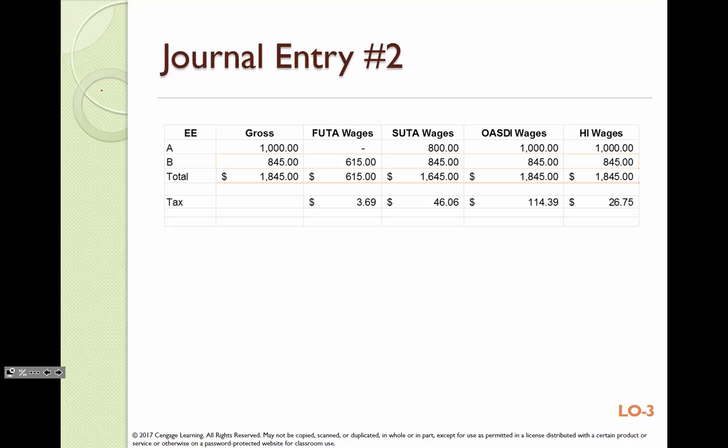So I went ahead and was nice enough here to multiply it out by the rates and give you the amount of the taxes. But I wouldn't need to do that. I would only need to give you 1%. Which one would I need to give you? SUTA. You know FUTA. You know HI, you know OASDI. Right? But I went ahead and did the multiplication for you.